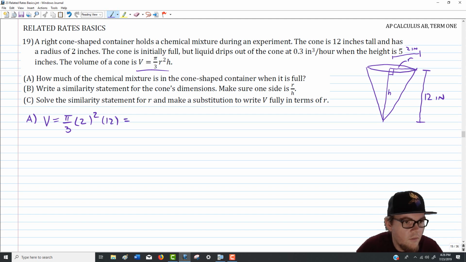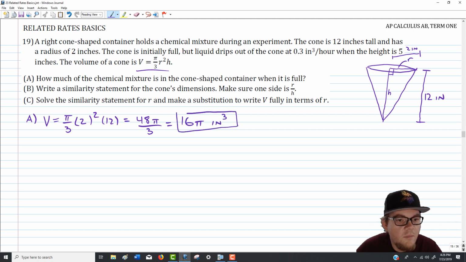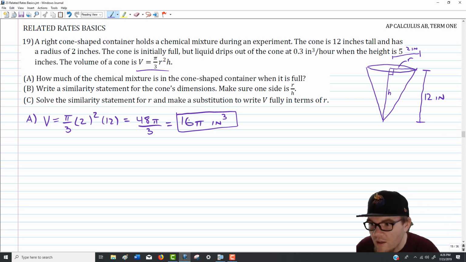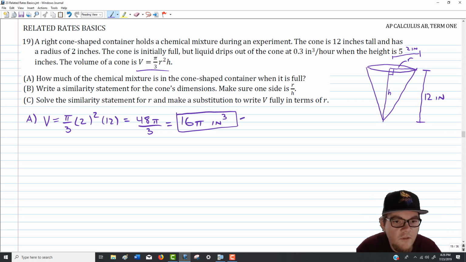We end up getting 48 pi over 3, or also known as 16 pi, and it should be inches cubed. So there's 16 pi inches cubed of liquid in there. That should be somewhere around 50.265 inches cubed. I like to have a number somewhere. It helps to have that correct answer somewhere nearby.